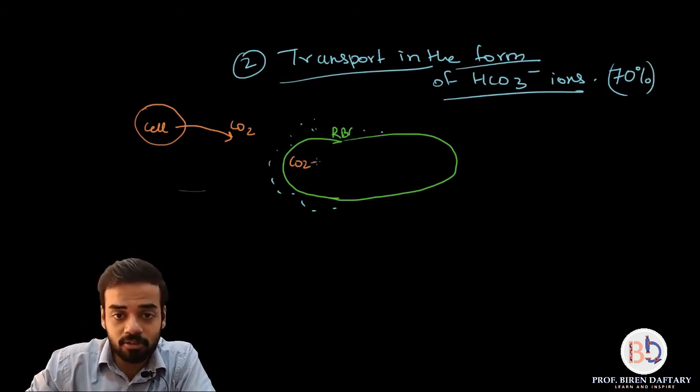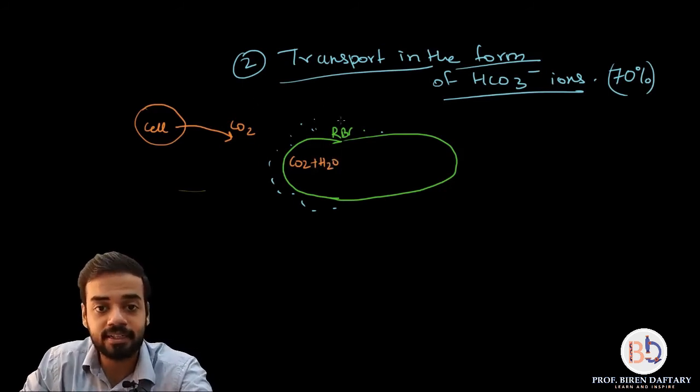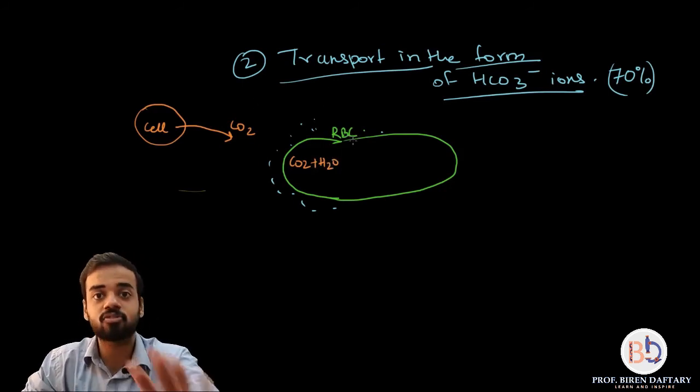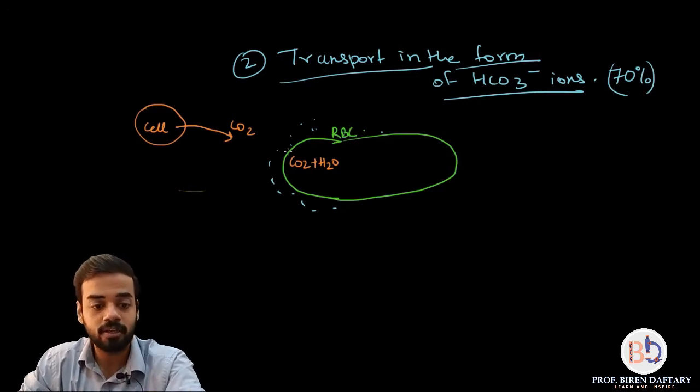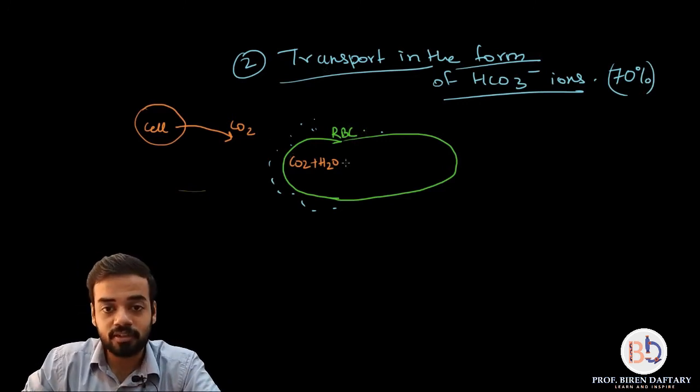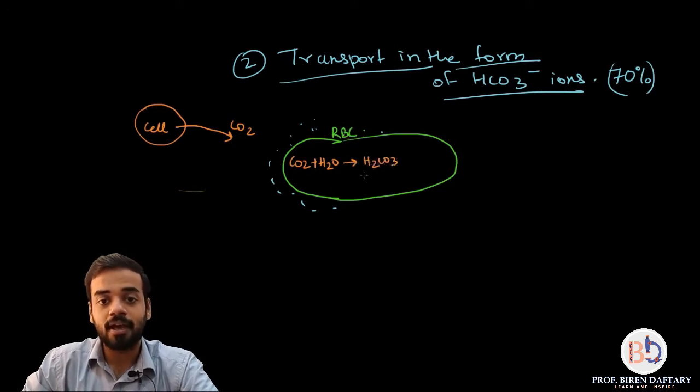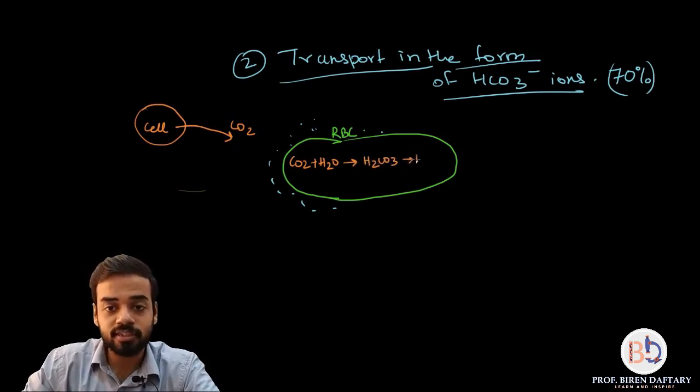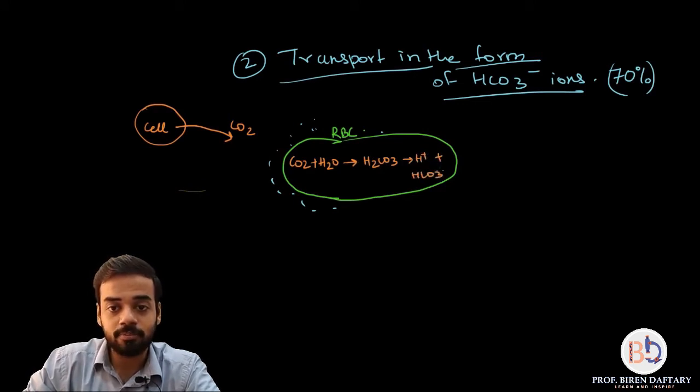So this carbon dioxide reacts with water, and this is all happening inside the red blood cell. Please remember, this is not happening in the plasma. Plasma is outside. So this reacts with H2O and forms H2CO3, and H2CO3 again dissociates as H plus and HCO3 minus ions.